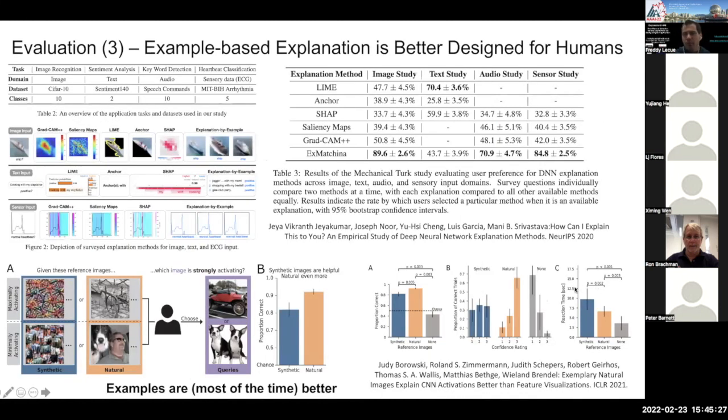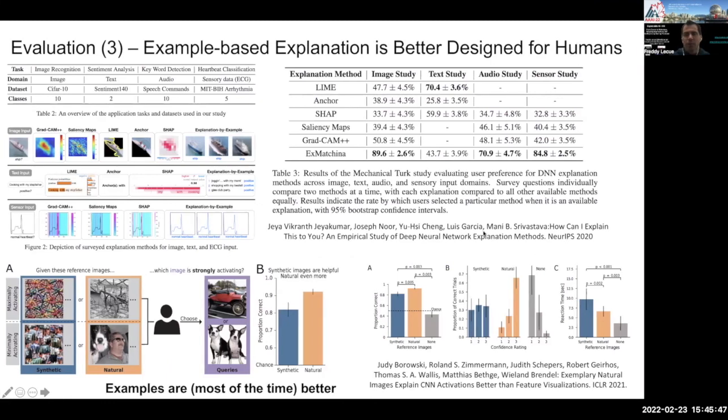Okay, if I move to example-based explanation, it's better designed for humans. Here you have very good work, some of which was presented at NeurIPS a year ago, that used different techniques and tried to see what the impact on the human is.